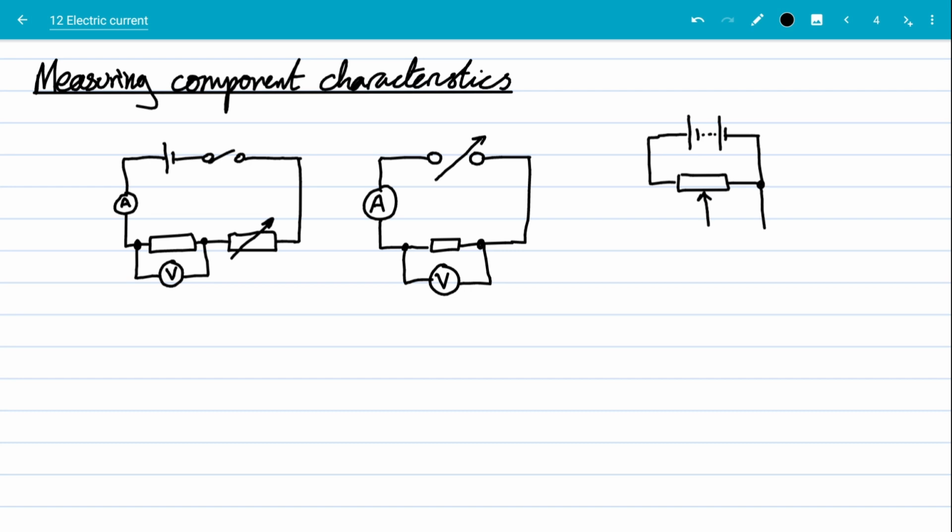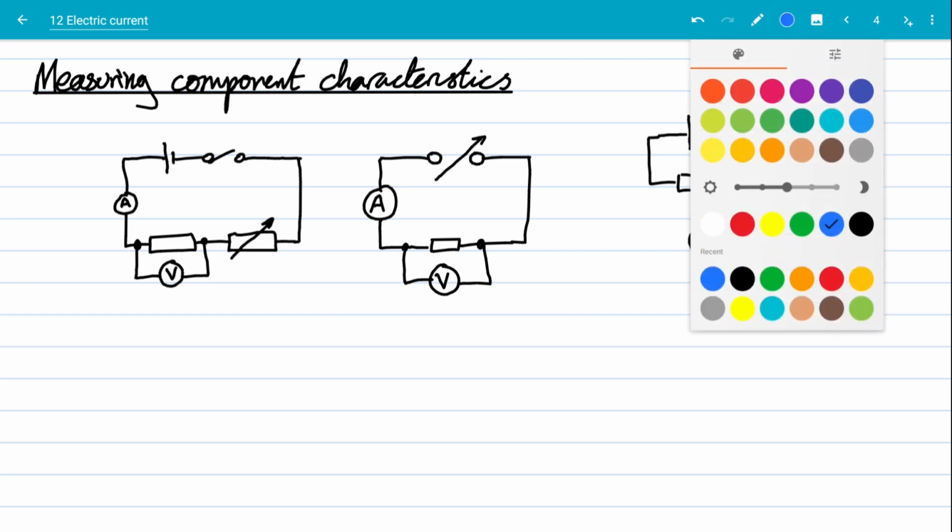Notice that when we connect to the circuit, we draw these little blobs in order to indicate a connection. I want the ammeter in series, and then I want my interesting component, and then I want to connect my voltmeter as well. And that's another very good circuit using a potentiometer.